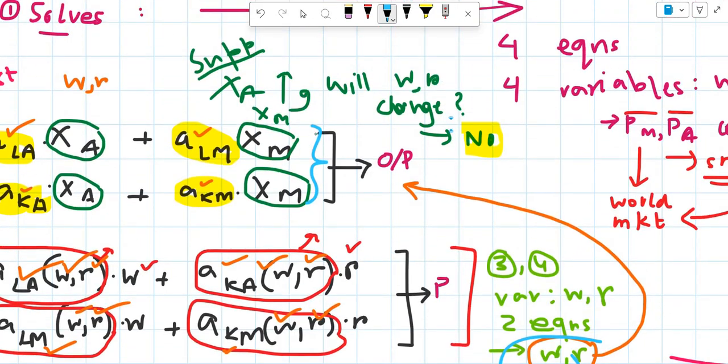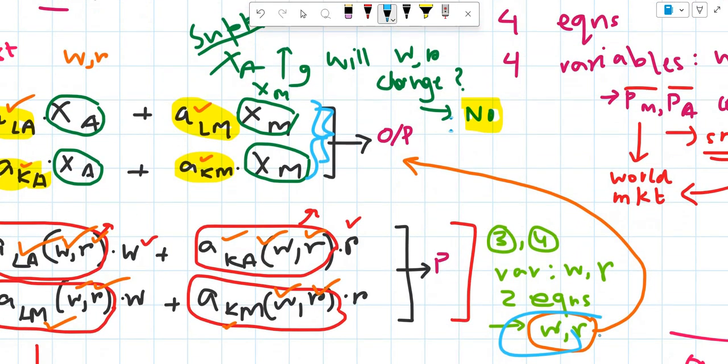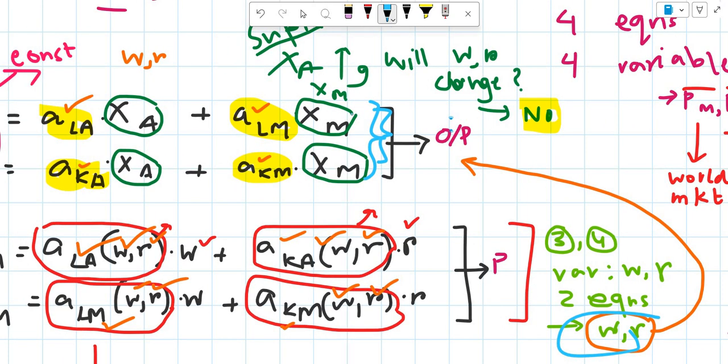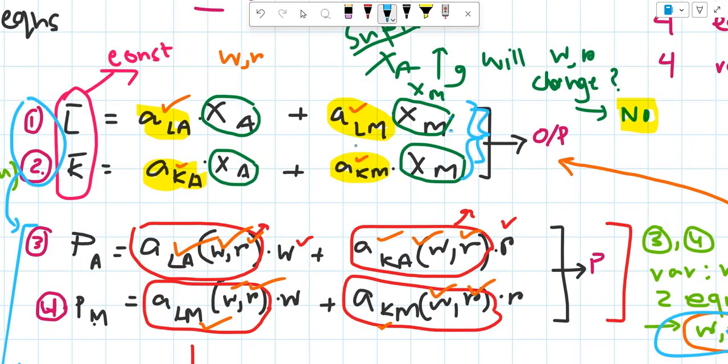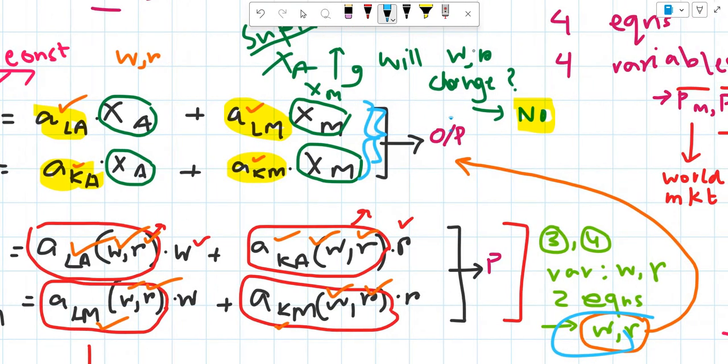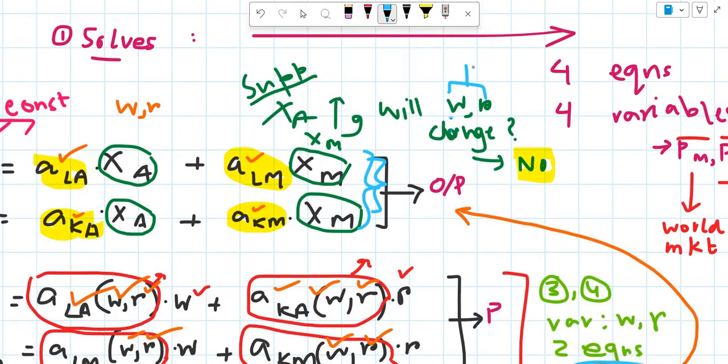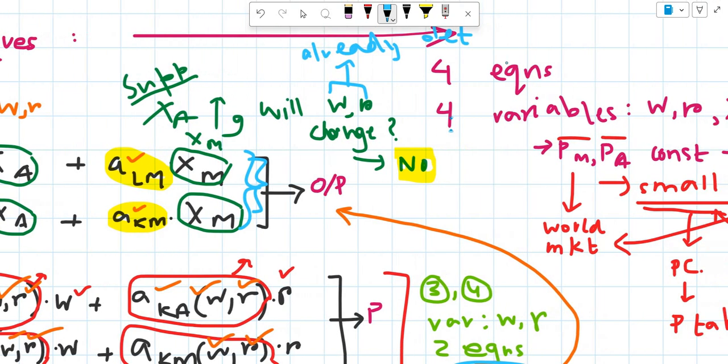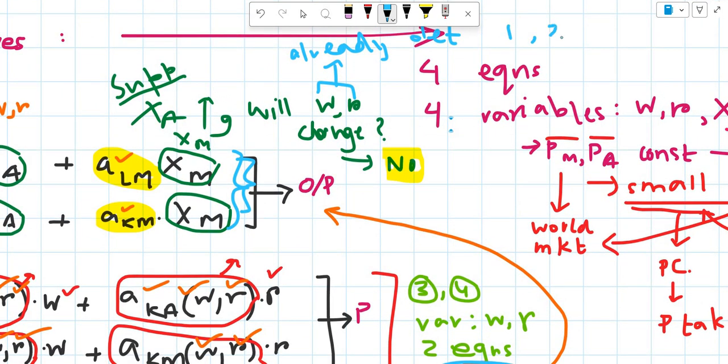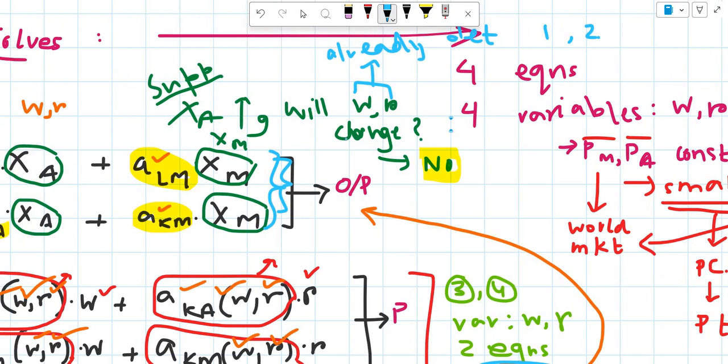You're holding W and R in one hand and looking at equations 1 and 2 to see what happens. So W and R are already determined, from equations 3 and 4. So W and R will not change.